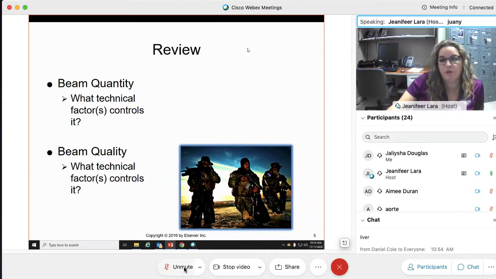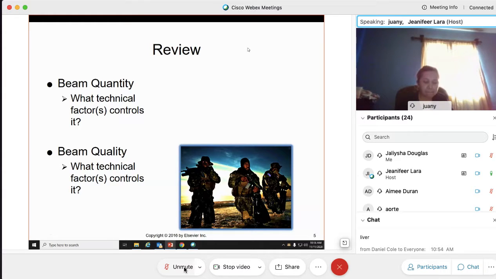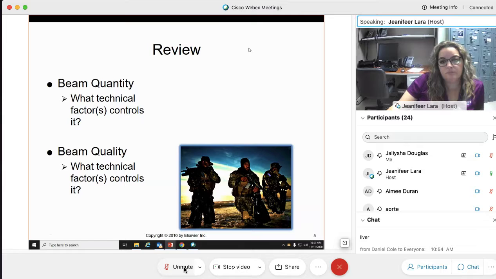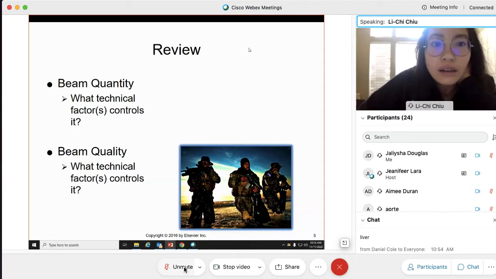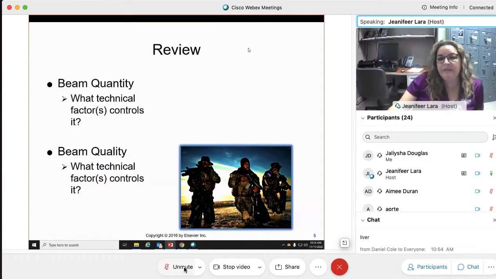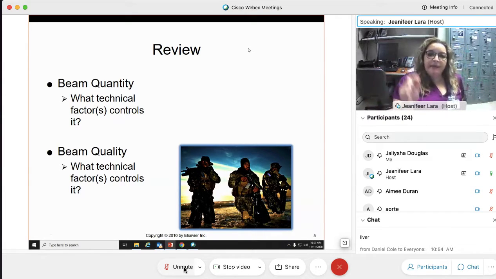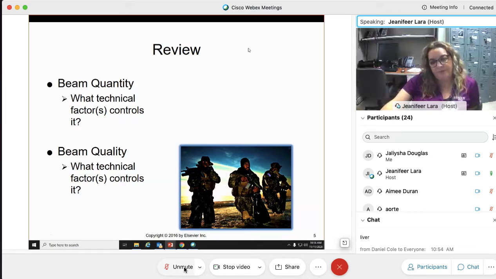What else? Help her out. It is the penetration power. It is the ability to get to the image receptor. It is the ability to get to the finish line. The finish line is the image receptor.